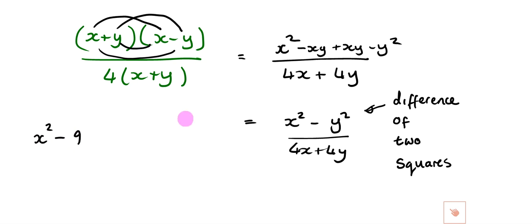If I asked you to factorize that, it would be x plus 3, x minus 3, yeah? That's basically what we've got here. It's the difference of two squares. We can use that. We need to know that to be able to do completing the square.